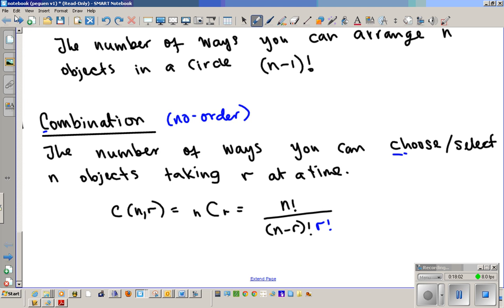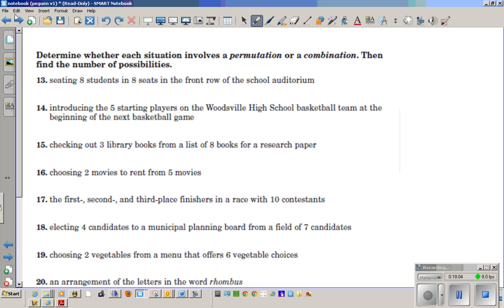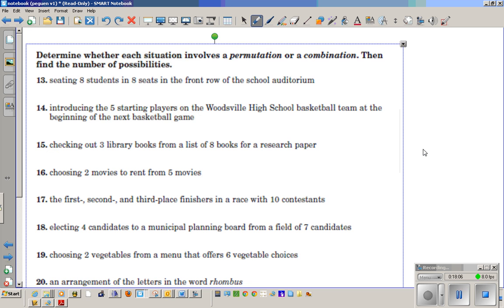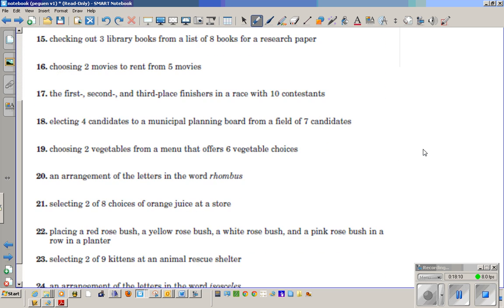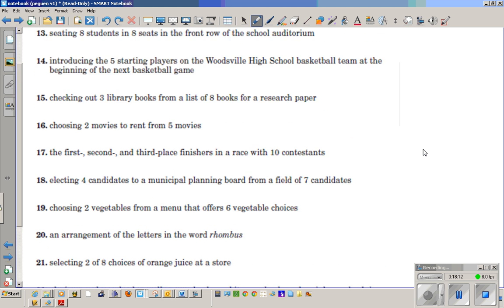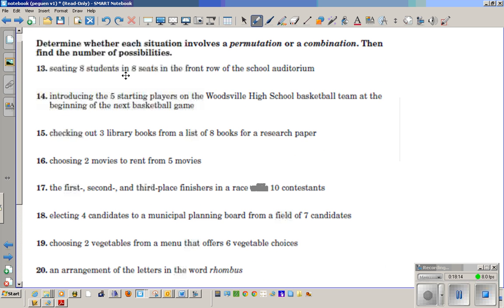Okay, so let's take a look at some examples from the worksheet I gave you. We're going to look at these problems real quick and then go into the classwork problems. Let's start with number 13. It says, seating 8 students in 8 seats in the front row of the school auditorium. Is order important here? When you're seating students, you have to place them, right? So order is important here.